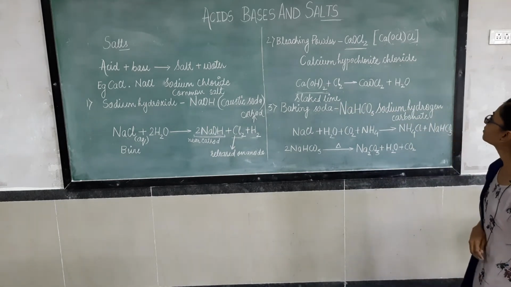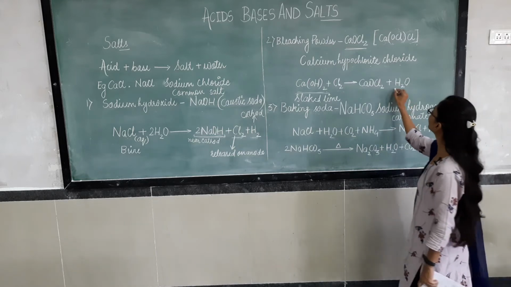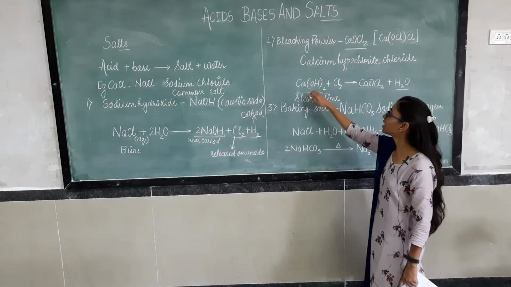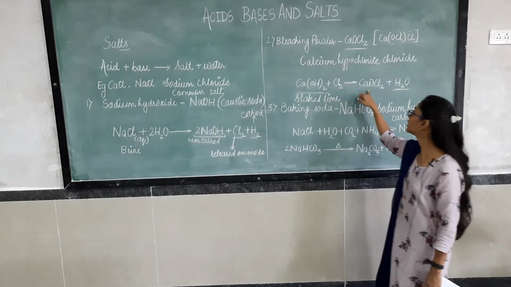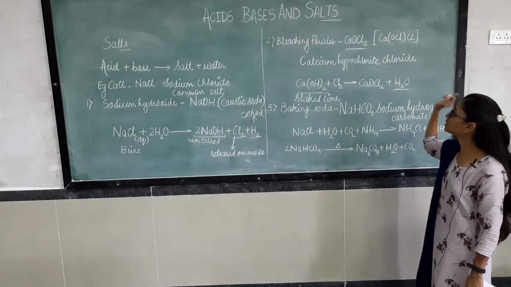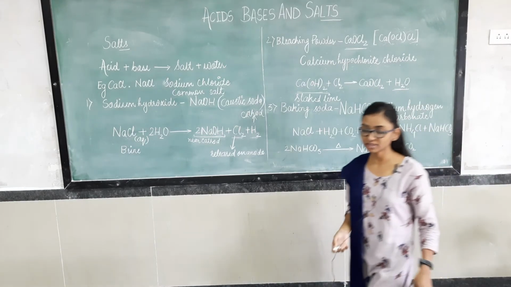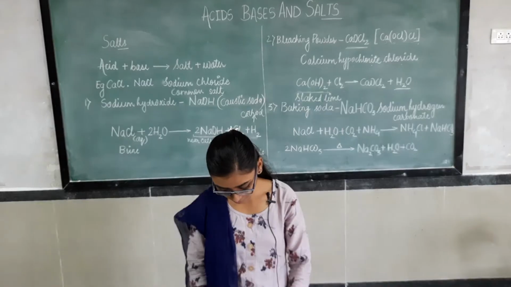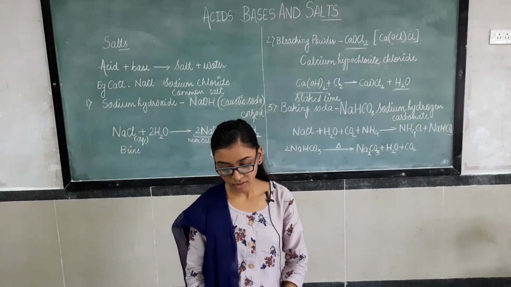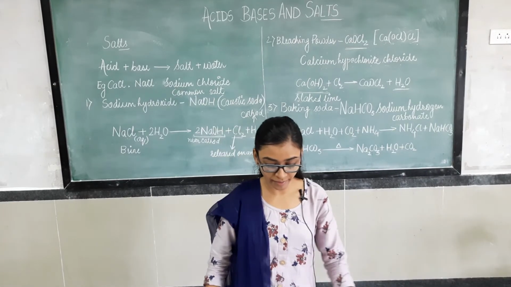It forms calcium hypochlorite chloride, and water is released here. So in this way, bleaching powder is produced.